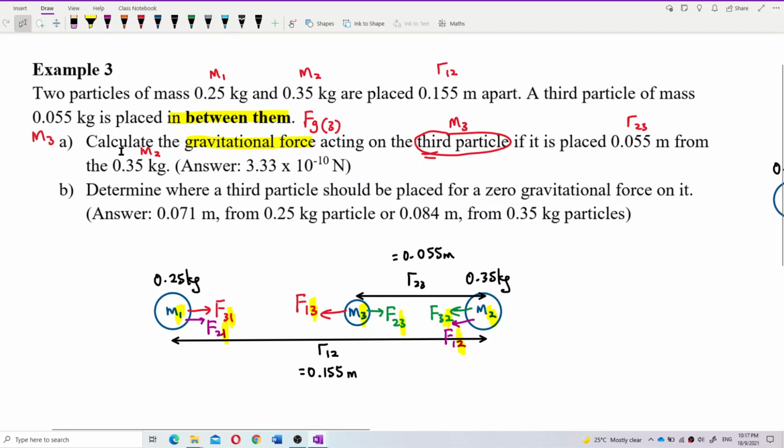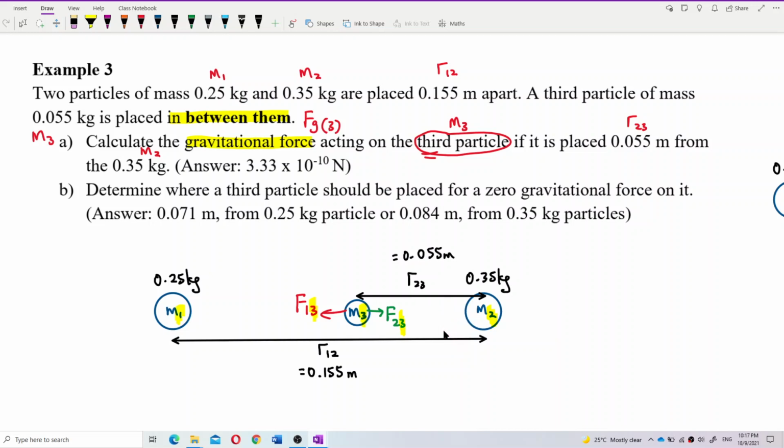But the question asks for force on third particle. It doesn't ask for force on first particle. It doesn't ask for force on second particle. So all these other forces you need to rub off, you need to erase off. We don't want all the other forces. Understand?